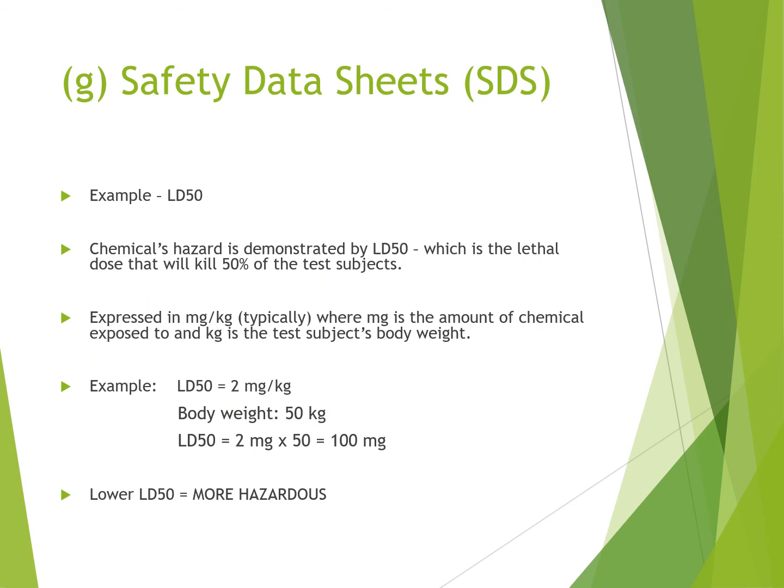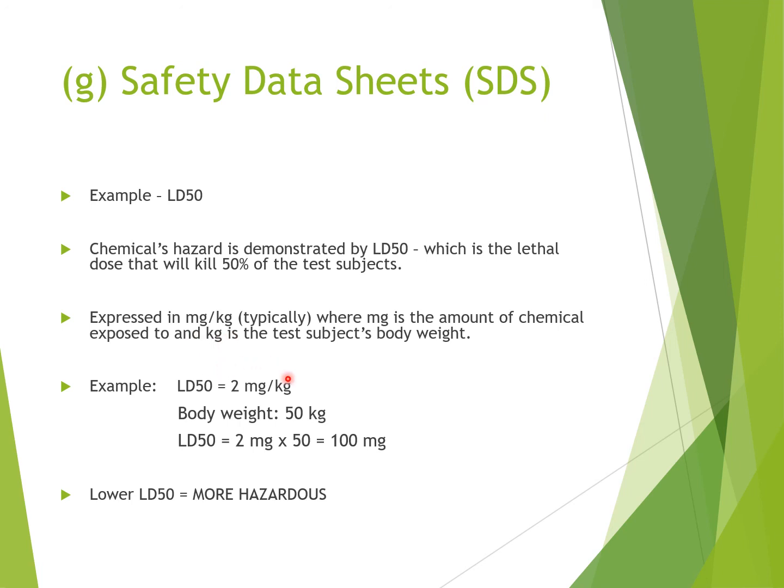One quick example on what's called an LD50, you'll see in some of the safety data sheets. LD50 is the lethal dose that kills 50% of the animals. So what they do is they take a chemical, they give a bunch to the animals, and they figure out how much of that chemical will kill half of the test subjects. And then they express it in what's called milligrams per kilogram.